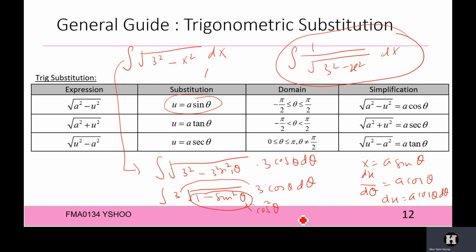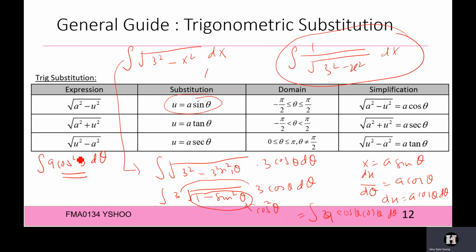So this will become the integration of 3 cos θ times 3 cos θ dθ. So you have changed your question to become the integration of 9 cos² θ dθ, and this one you learn in your Maths 2.